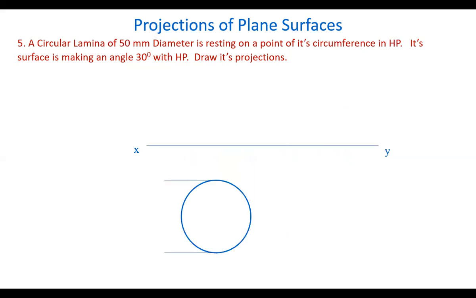Take the reference line. Draw a circle of 50 mm diameter. Show the dimensioning. Coming to this circle, we don't have corners, the points on the surface, like in the case of a pentagon or a hexagon. But here, we don't have any corner points, but we can divide this circle into 12 equal parts.